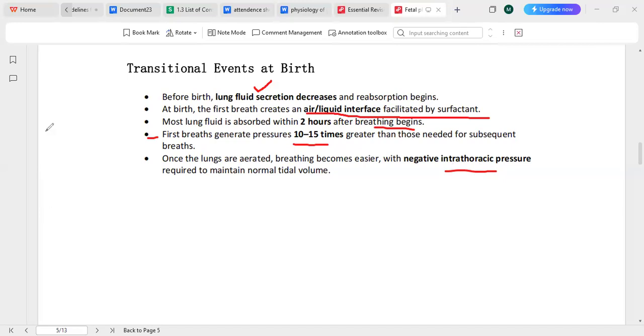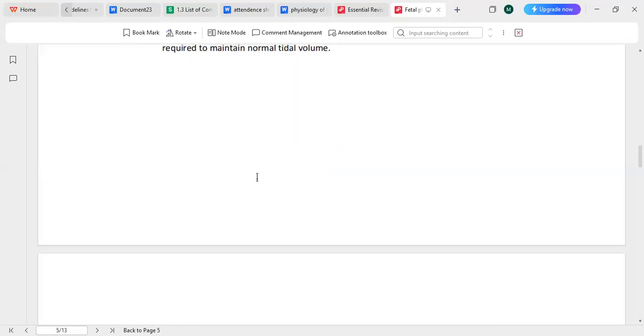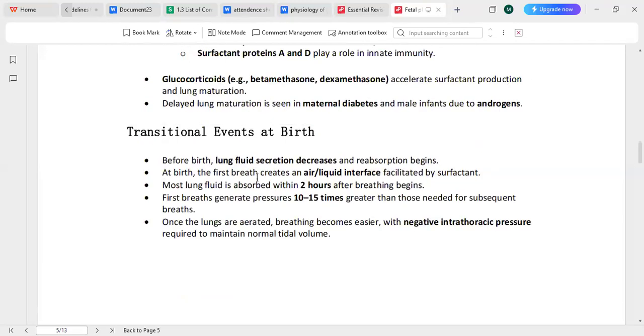More important are the circulatory changes at birth. I've hardly seen any question from this part, but I wanted to complete the notes, so I have given this. Whenever you are delivering a baby, you are all obstetricians, so you will keep these transitional events at birth in your mind and use this knowledge.